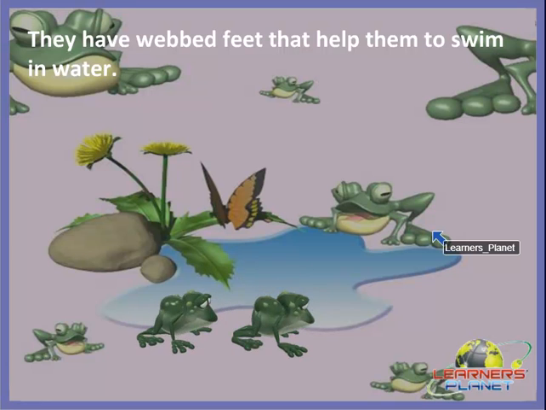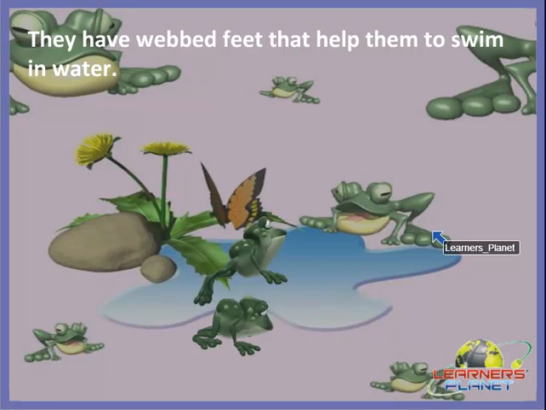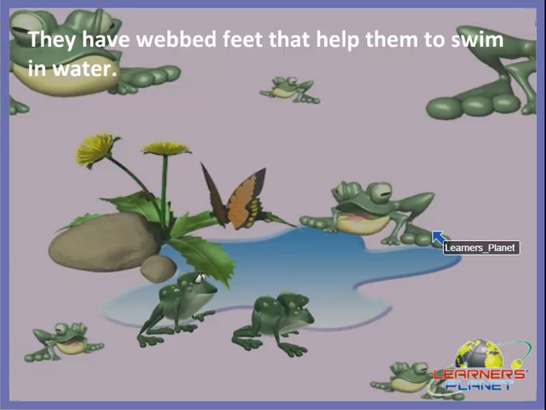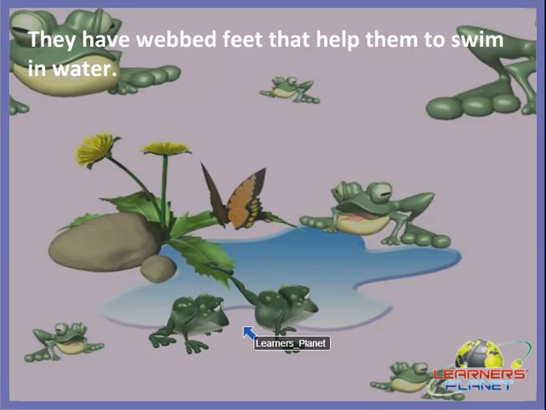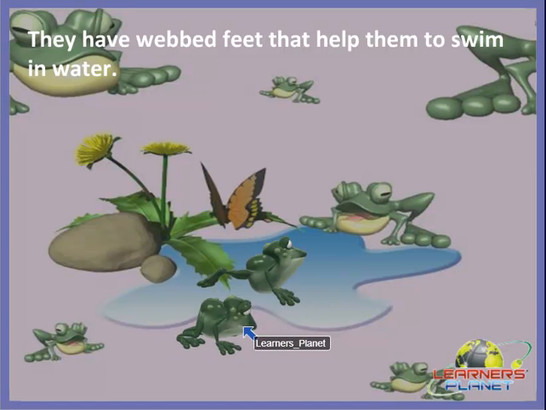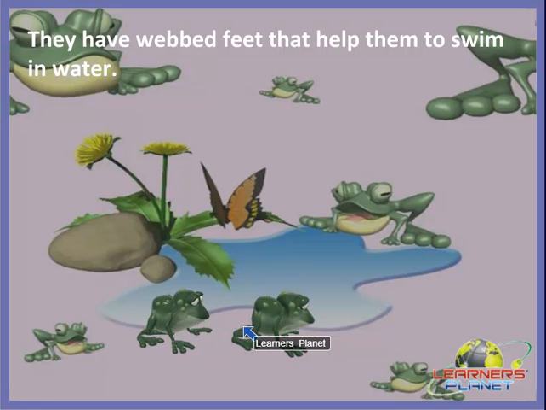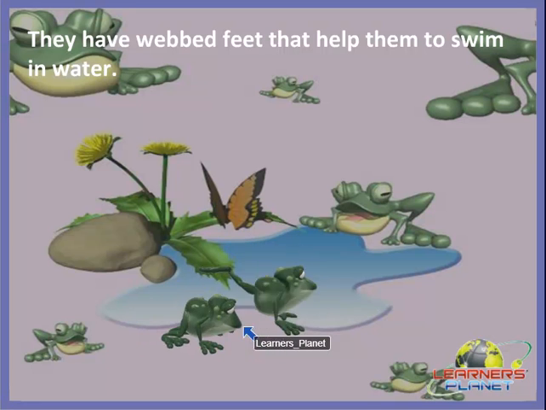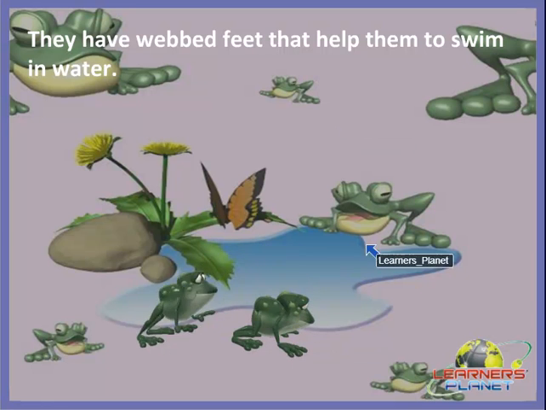The back legs of frogs and toads are stronger than their front legs to help them jump, which is how they move on land. As you can see here, the frog jumps and moves ahead. So they are able to move on land because of their jumping, and their back legs are stronger than their front legs, right?